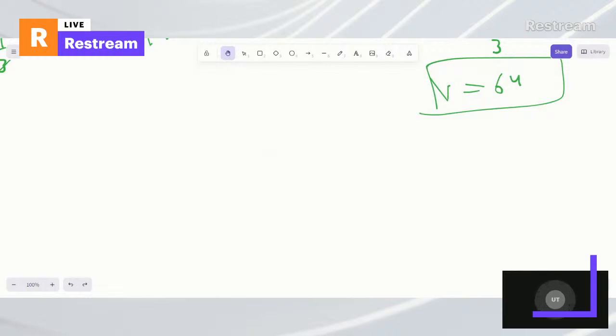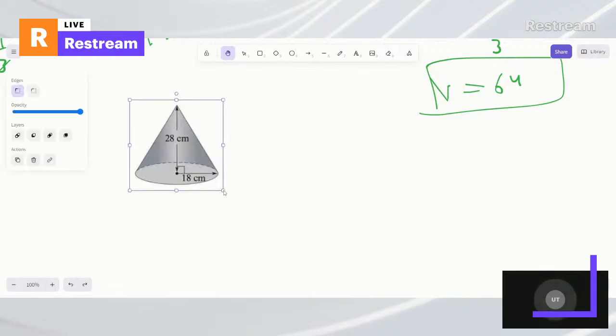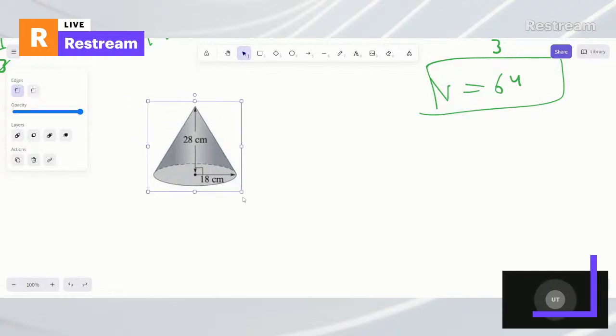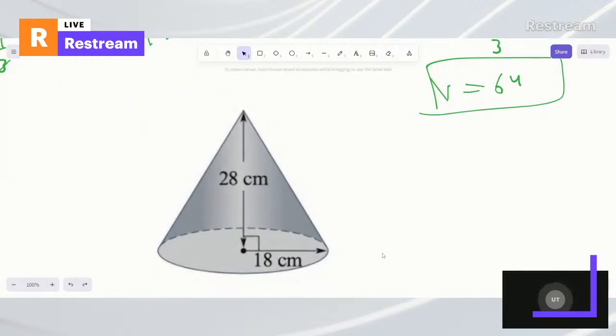All right, so all of you are getting the right concept, right? So now let's look at this question. We're going to move on to our concept of cubes, once I'm done with the concepts of volume.